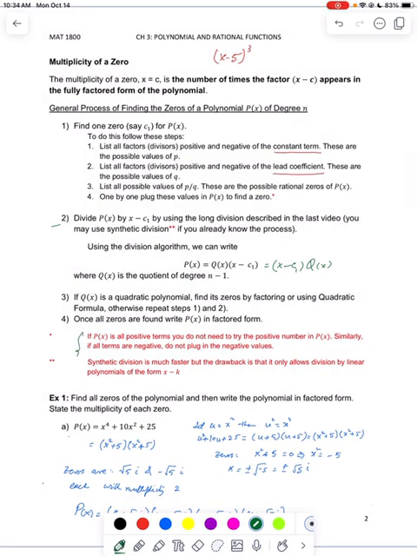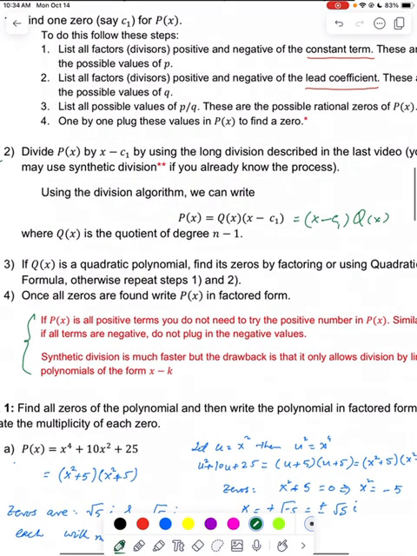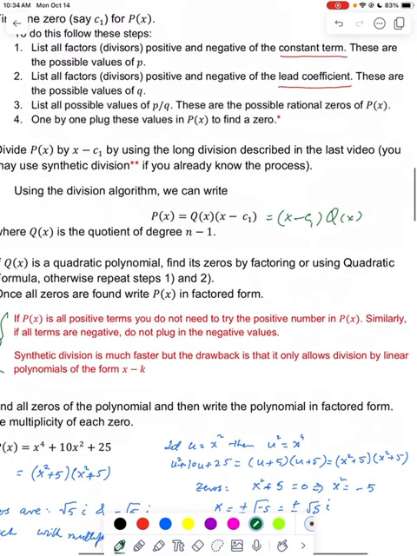Okay. So these are some tips for you to check if these are helpful. The first one is saying if P of x is all positive terms, you do not need to try the positive numbers in P of x.